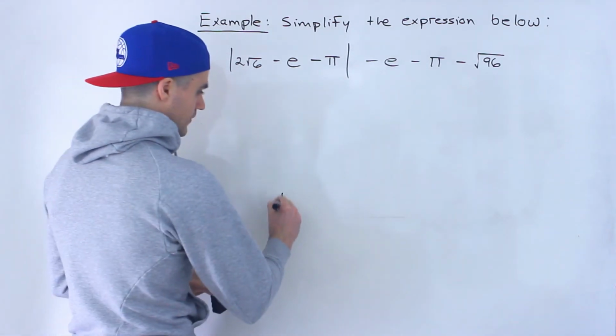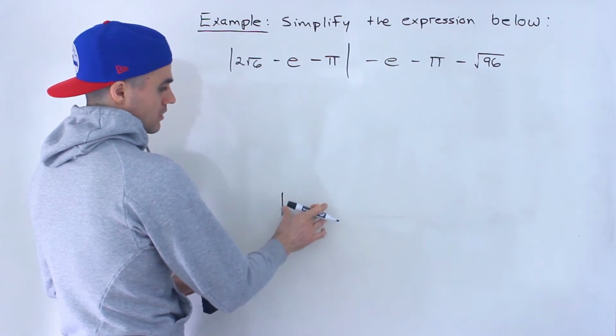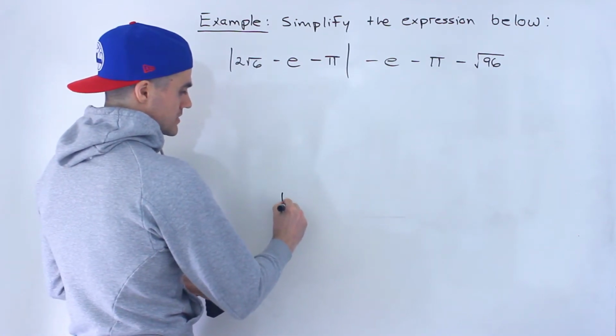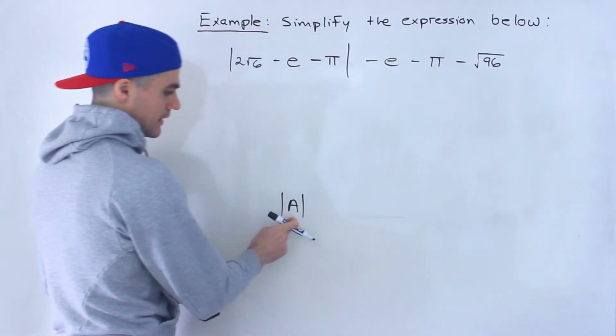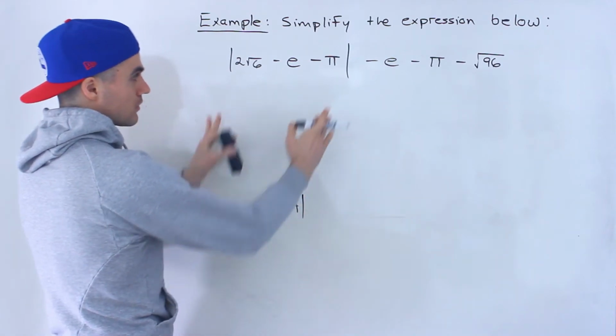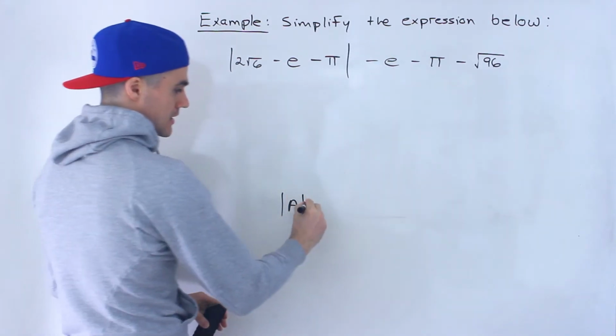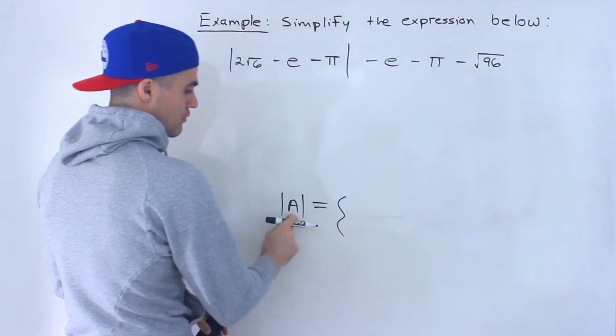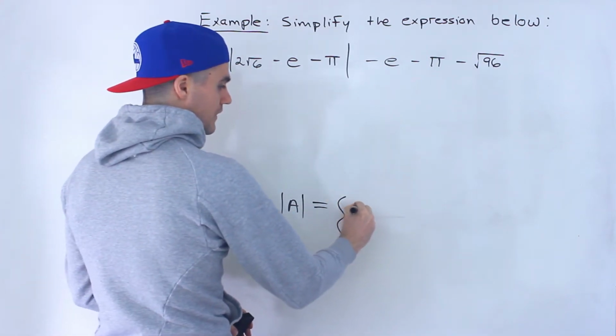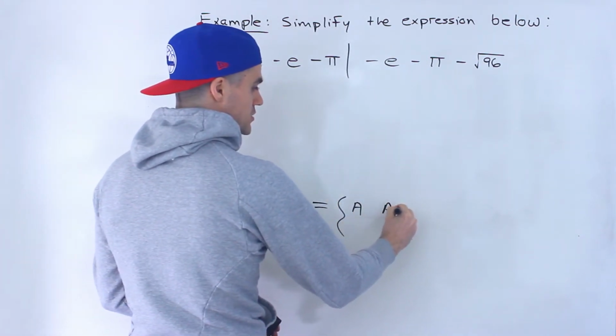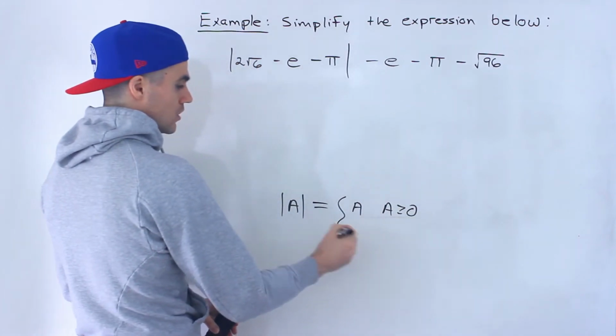Just as a quick review, if you have anything, let's call it capital A, within an absolute value, this could be a variable or an expression like this. Basically, this is going to equal that same expression as long as that expression is greater than or equal to 0.